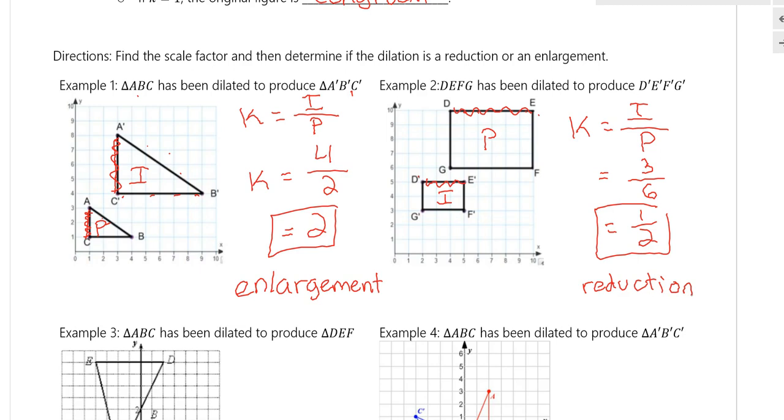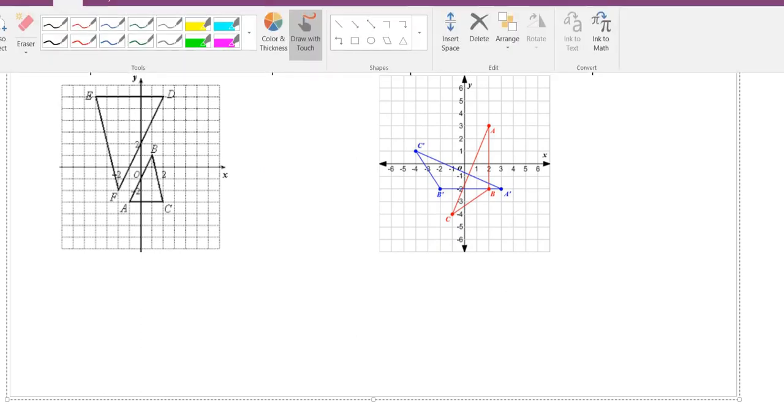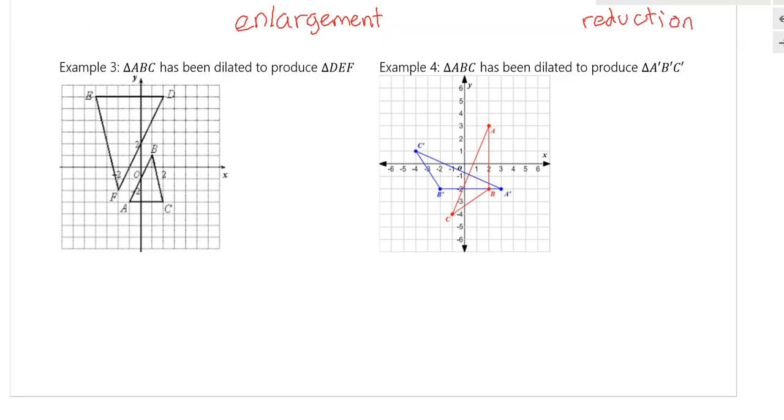Looking at example 3. I'm going from A, B, C, so that's my pre-image, to D, E, F, that's my image. So my scale factor equals I over P, image over pre-image.